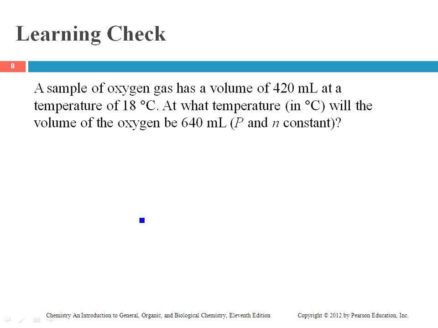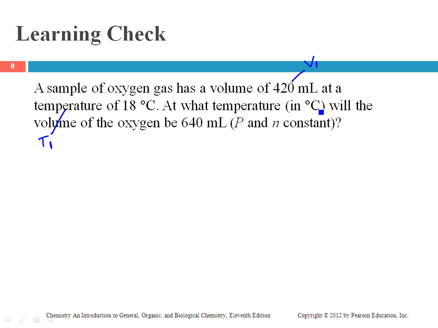Let's do another problem. A sample of oxygen gas has a volume of 420 milliliters at a temperature of 18 degrees C. Our volume is our V1, and here's our T1. At what temperature in degrees C will the volume of the oxygen be 640 milliliters?